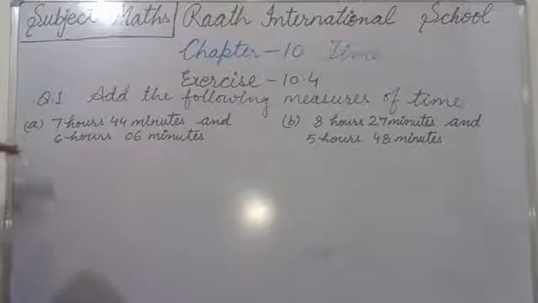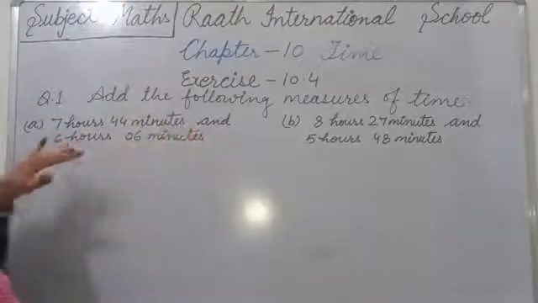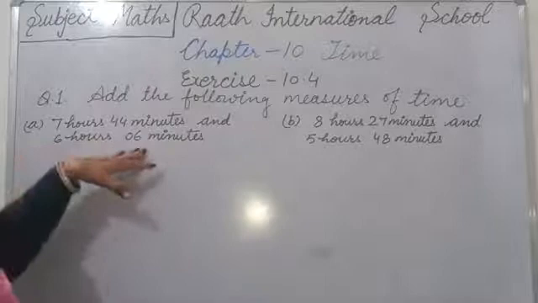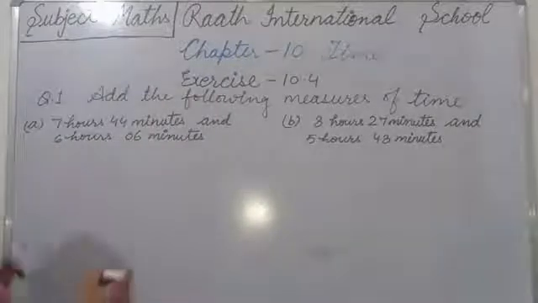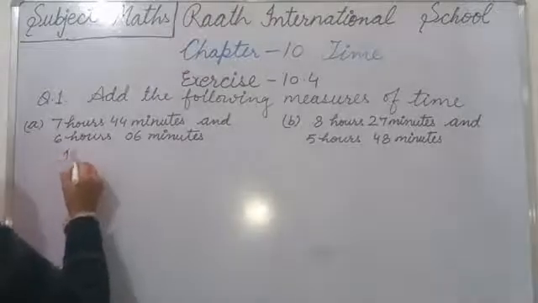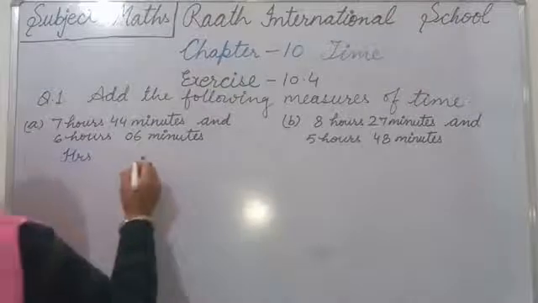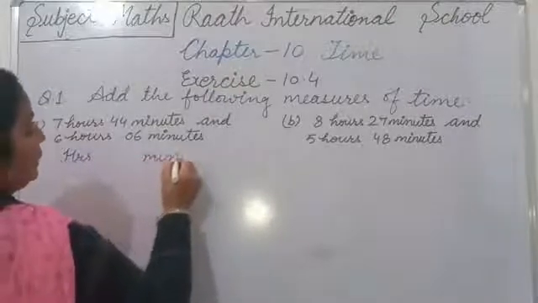Clear? So A part is 7 hours 44 minutes and 6 hours 6 minutes. First of all we should put the columns of hours and minutes. Hours in short we write HRS, and minutes we write in short MIN.